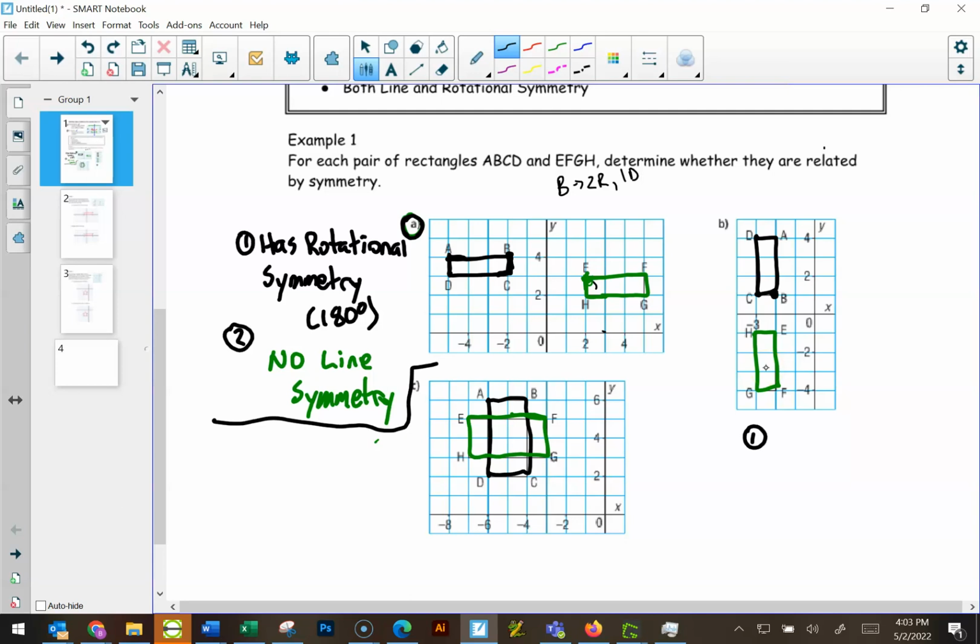I think it's pretty obvious that if you do a line that connects B and H, that will end up with rotational symmetry. So if I just go over 1 and then down a half, it looks like. Then I go over 1 and down a half, I get to the H.